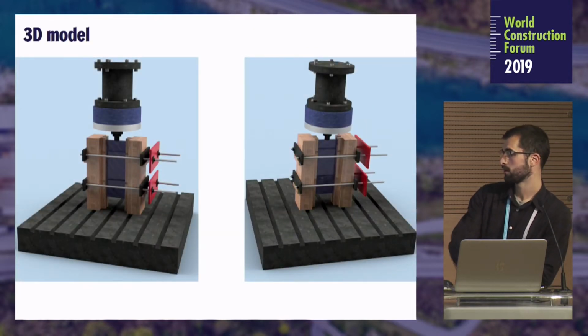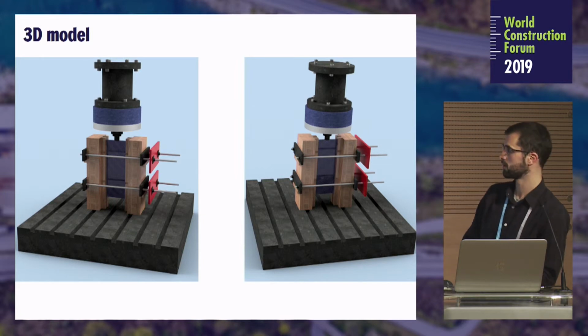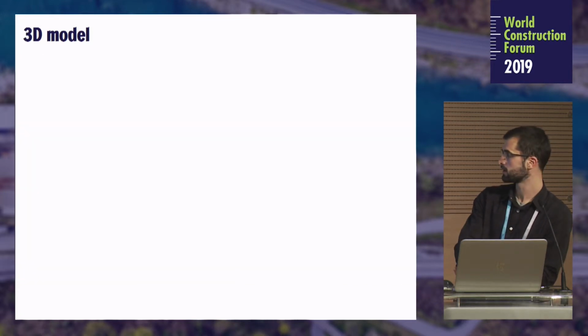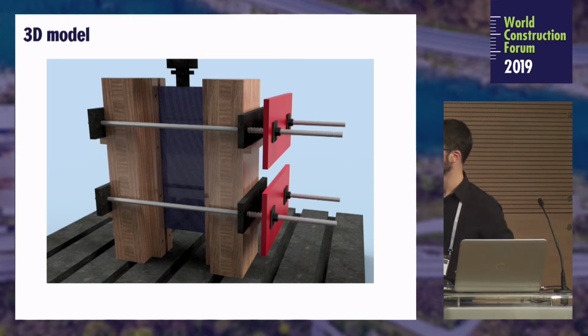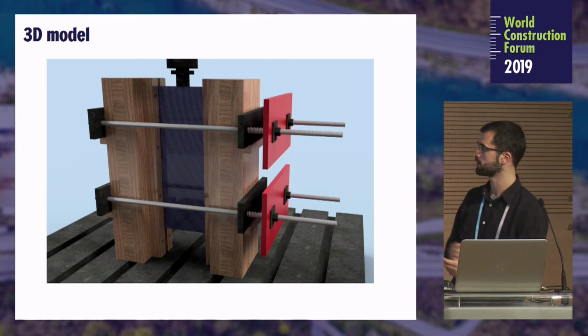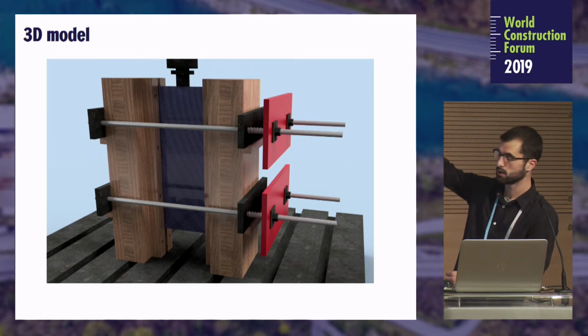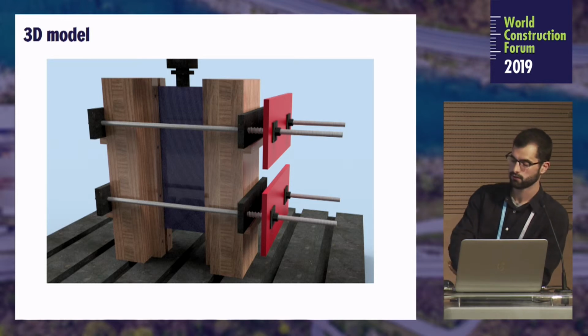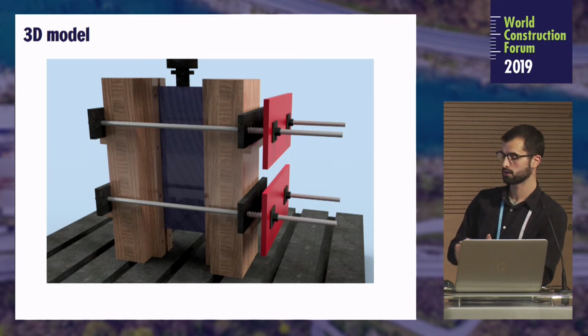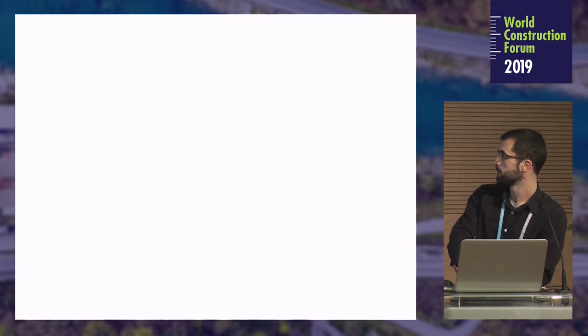The 3D model for the numerical simulation looks something like this, and in this picture you can see it in more detail. This steel rod we use to put the lateral force, and with this machine we push the glass to determine the friction stresses on the contact area. The key goal was to determine the friction coefficient.